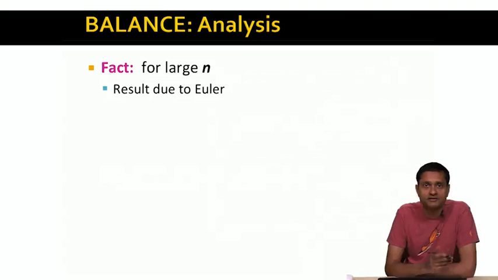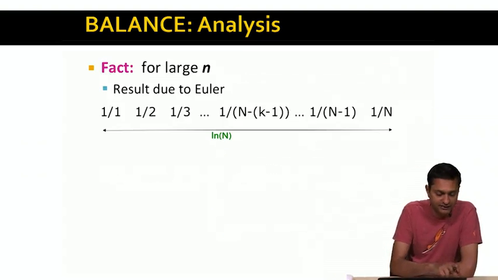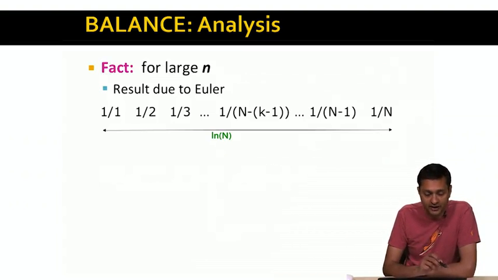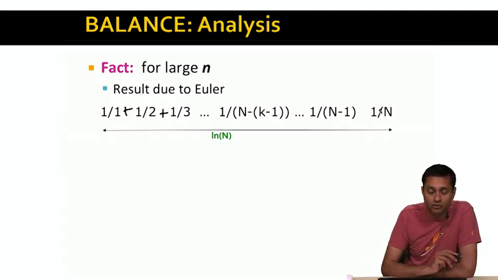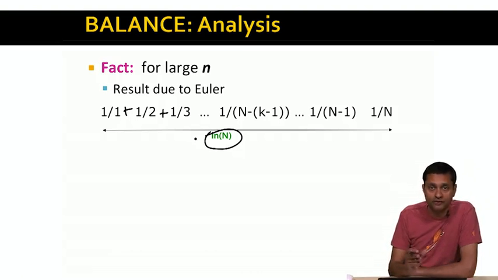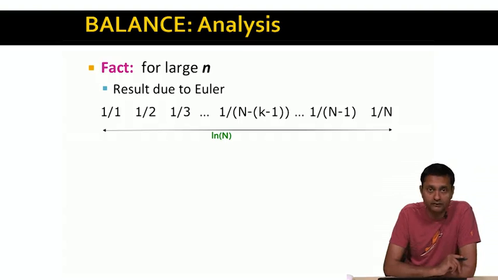Now there's a very famous result due to Euler that says that for a really large n, the series 1 plus a half plus 1/3 and so on sums to ln n, the natural logarithm of n. This is true to a small additive constant which we'll ignore. Okay.